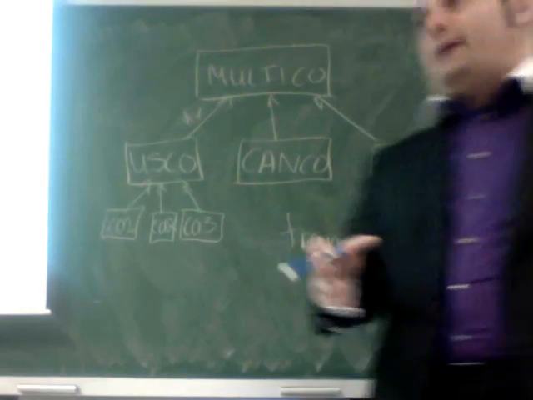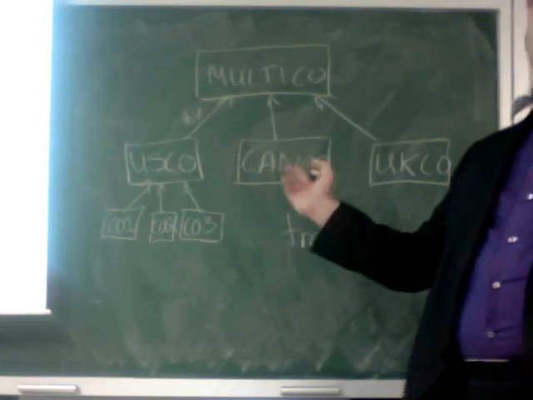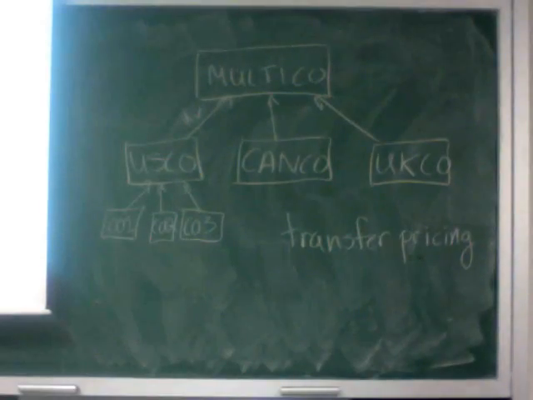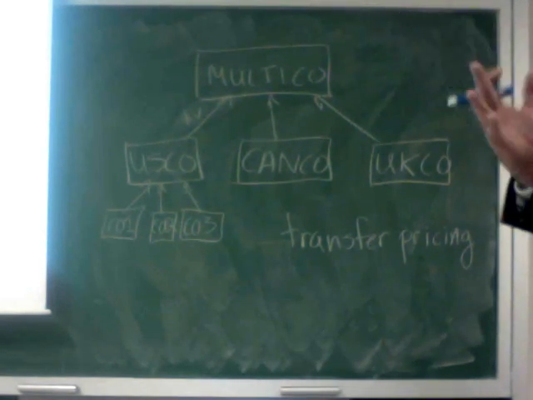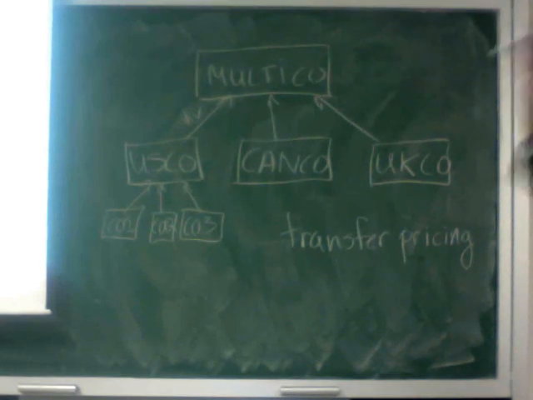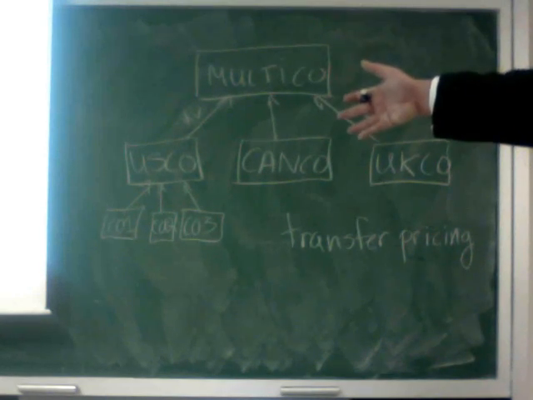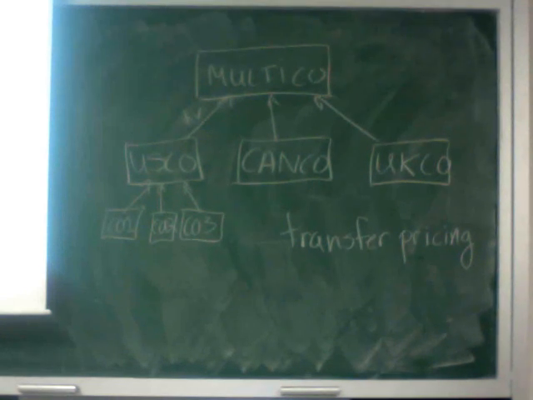Usually between the US and Canada, you have a company in the US that's manufacturing, and a company in Canada that doesn't build any of the things. All it does is distribute and sell. So you might have, say, a bicycle company that's a global company with operations all over the world.